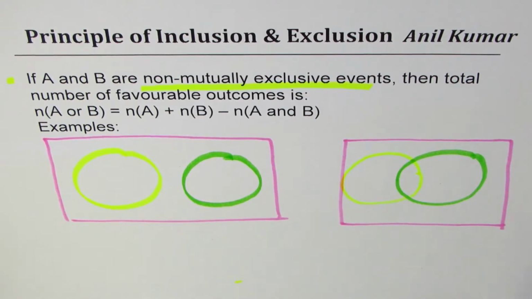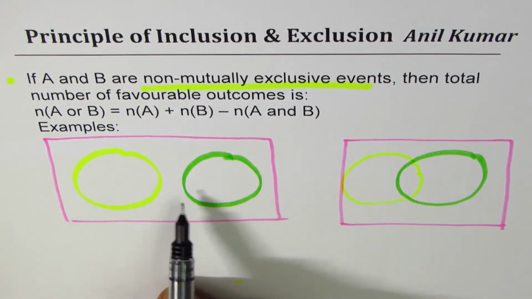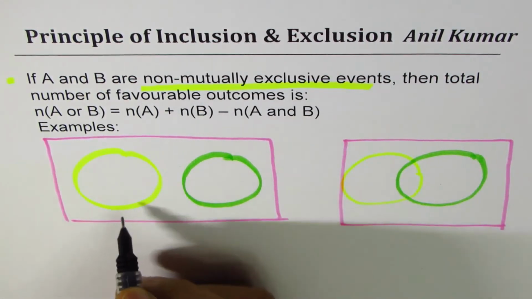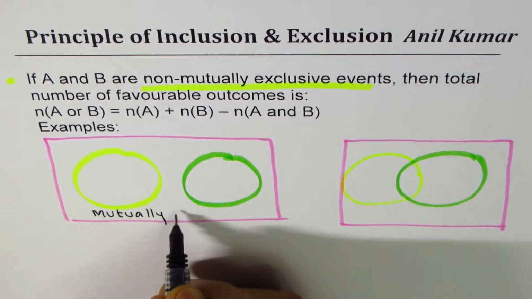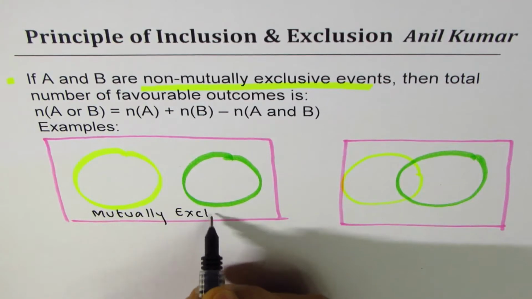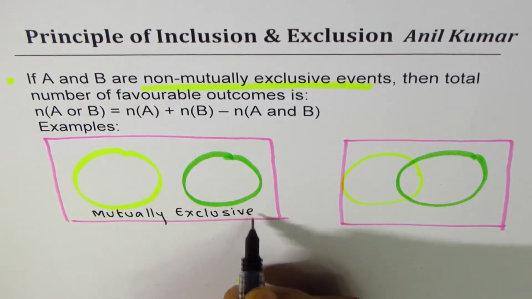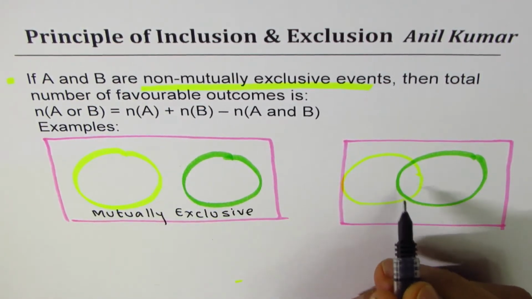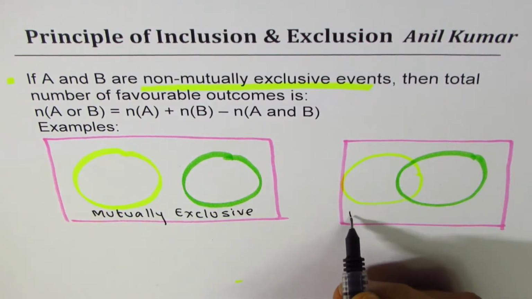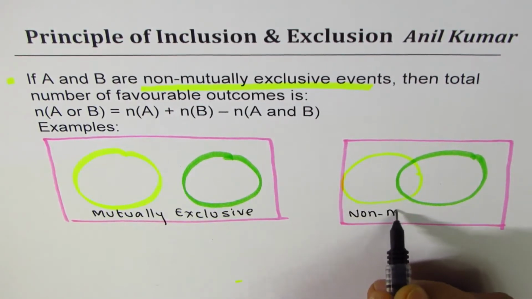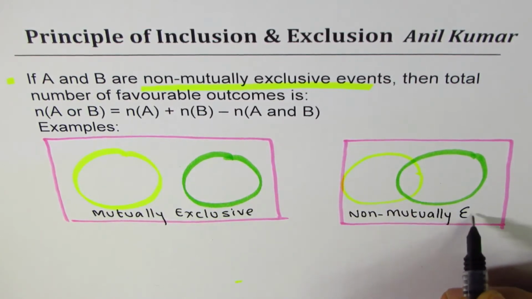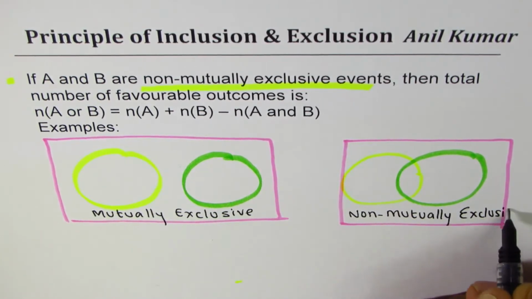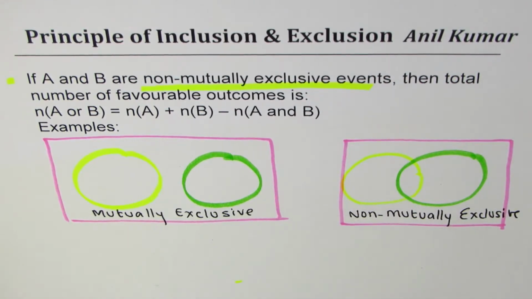Events which do not overlap, having nothing in common, are called mutually exclusive. And when they have something in common, they are non-mutually exclusive. Is it okay? So that is what we mean.